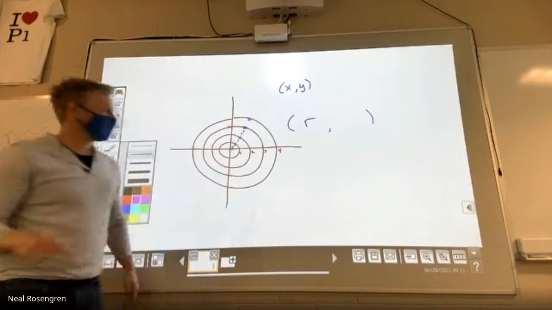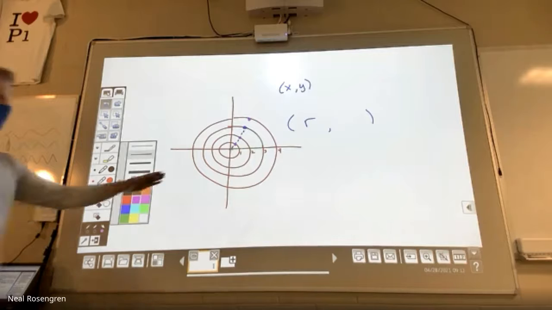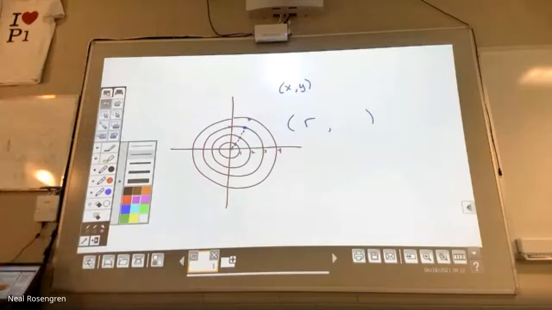If we measure the arc length, it already depends on the circle that we're in. So I feel like we might be doing a little extra work to measure the circle twice. Is there a different way to describe how to get to any of these points along that line? It doesn't matter what circle we're in. Angle. The angle.